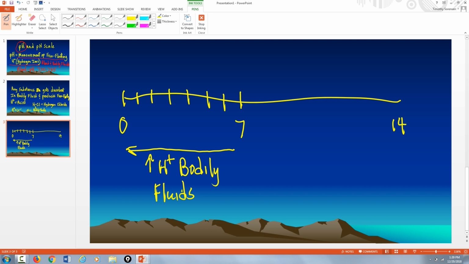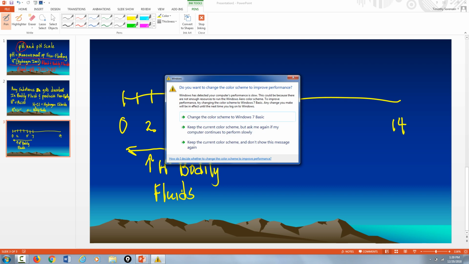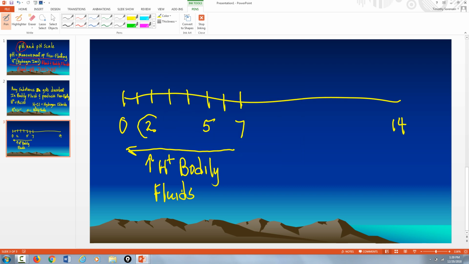If you look at a pH of 5 compared to a pH of 2, which one would have more free-floating hydrogen ions? Well, the pH of 2 would. As you go down the pH scale, the amount of free-floating hydrogen ions in the body and bodily fluids goes up.